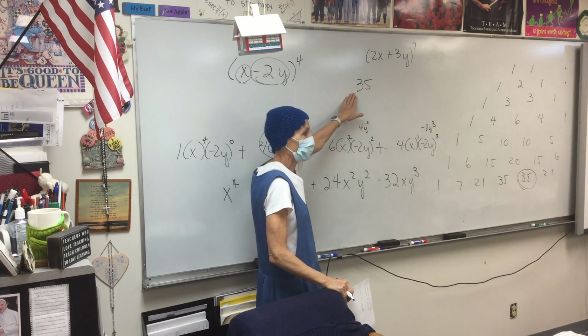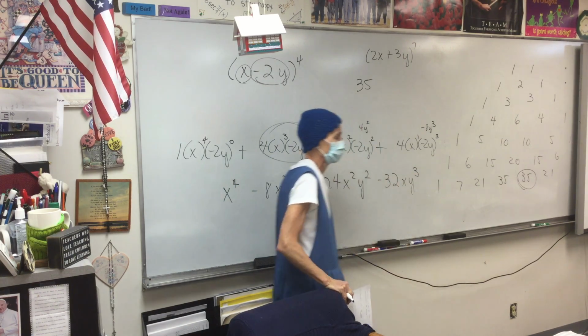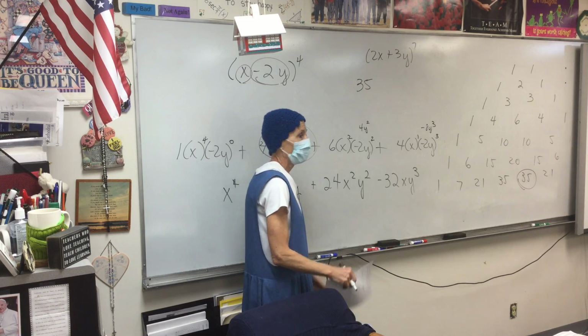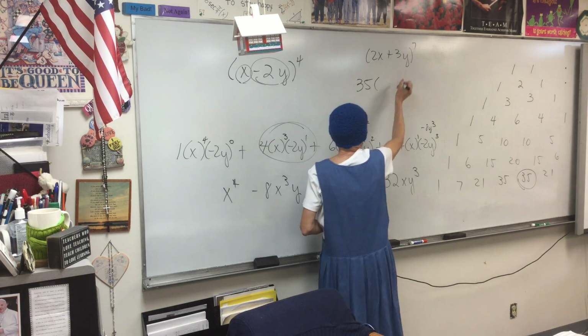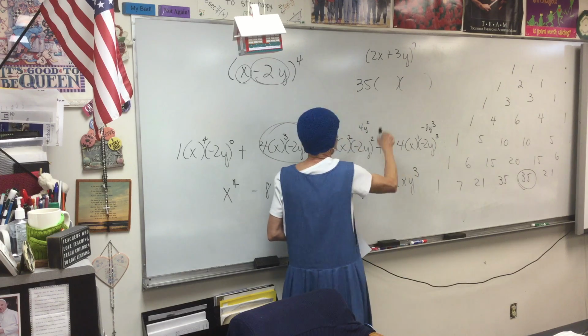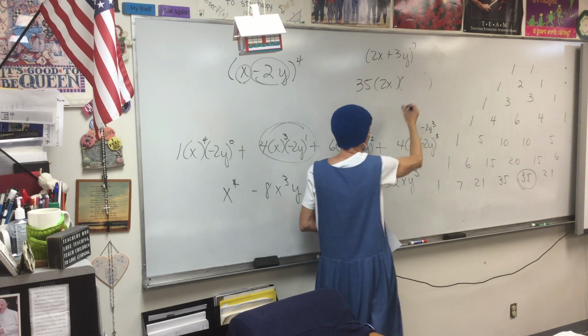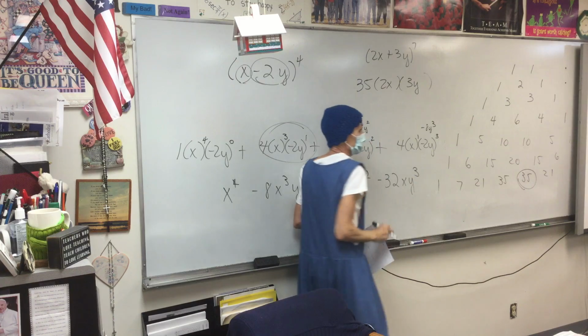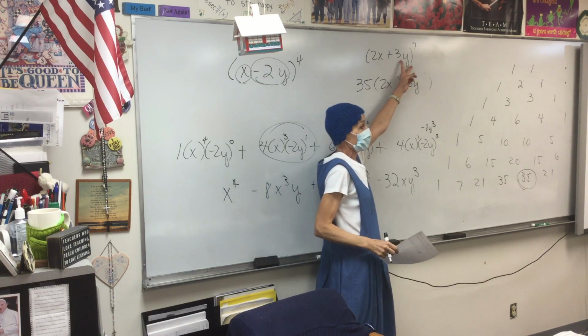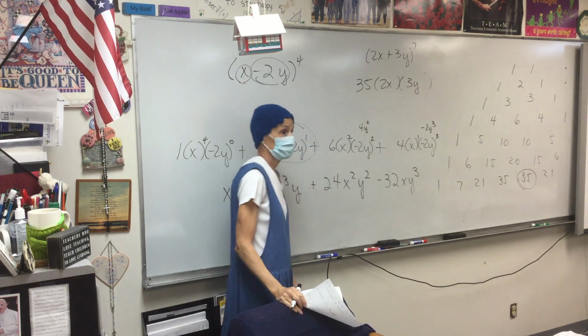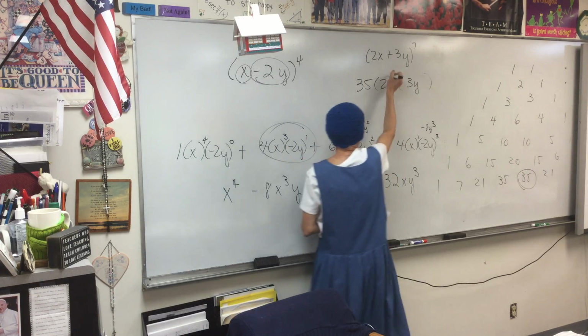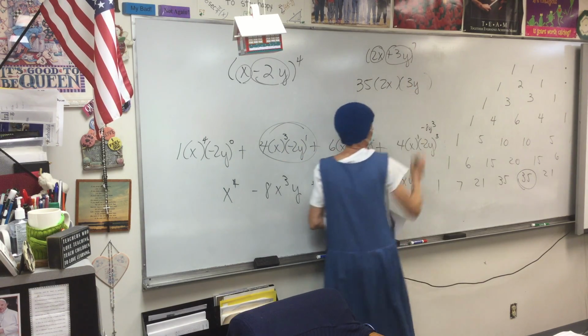This time we're only copying one number down, the 5th one. What will be next to this though? Just like all of these, you'll have a 2x and a 3y, because next to every term, you have these two things.